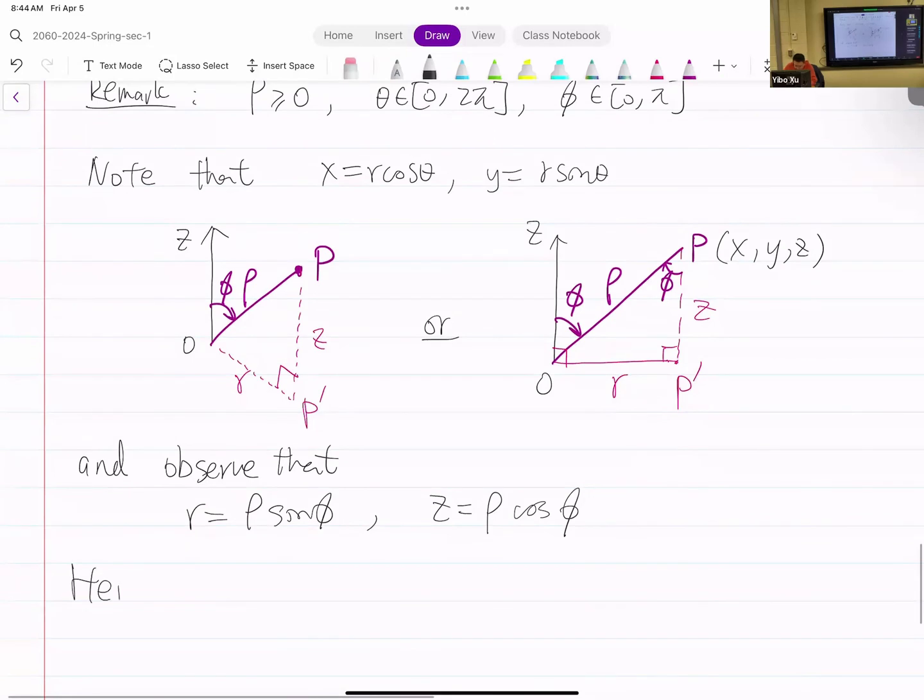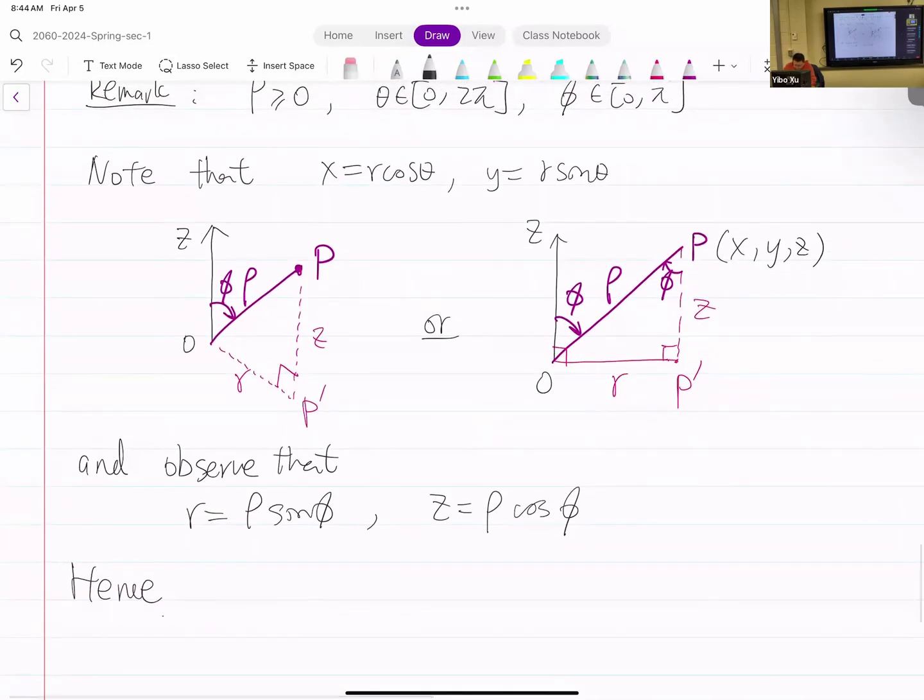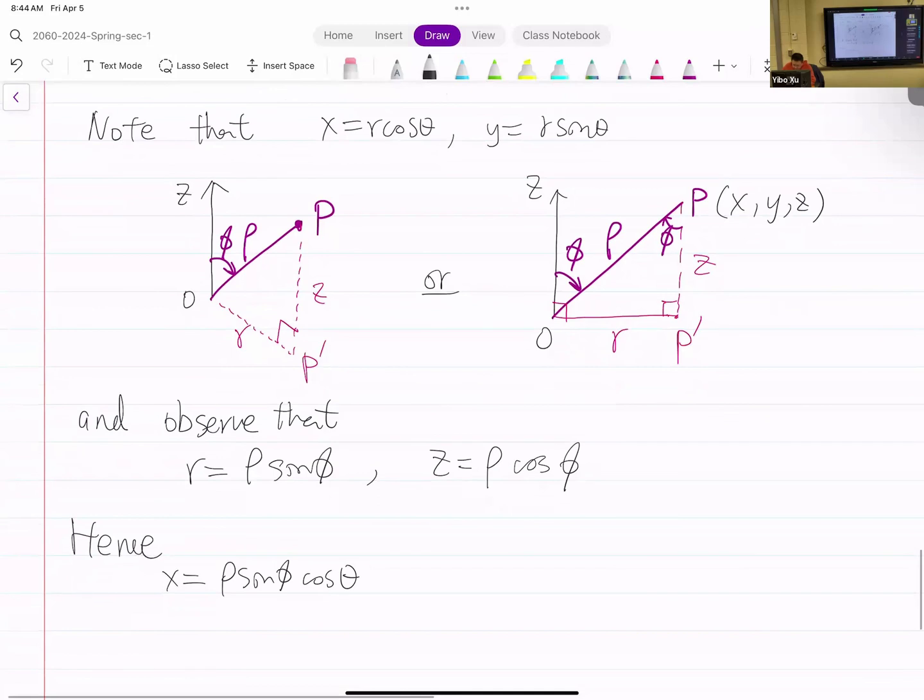Hence, we get the translation here. x used to be r cosine theta, but now r is rho sine phi. So we have x equal to rho sine phi cosine theta. At the same time, y equals rho sine phi sine theta, and finally, z equals rho cosine phi.